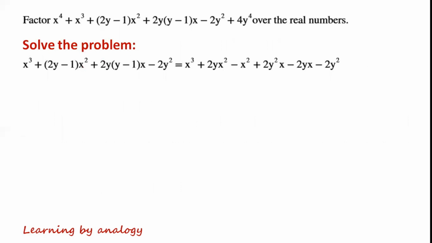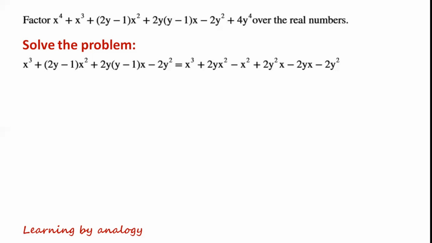We divide the original algebraic expression into two parts. The first part consists of x cubed plus (2y minus 1) times x squared plus 2y times (y minus 1) times x minus 2y squared.